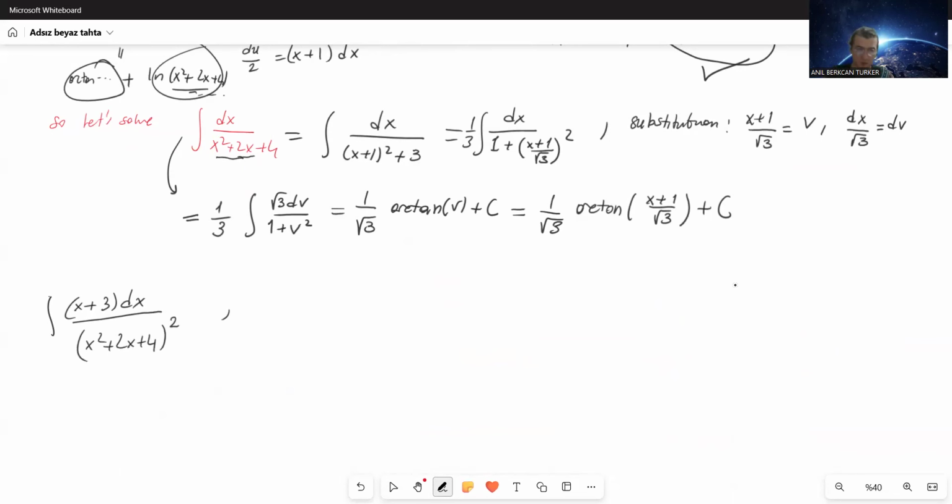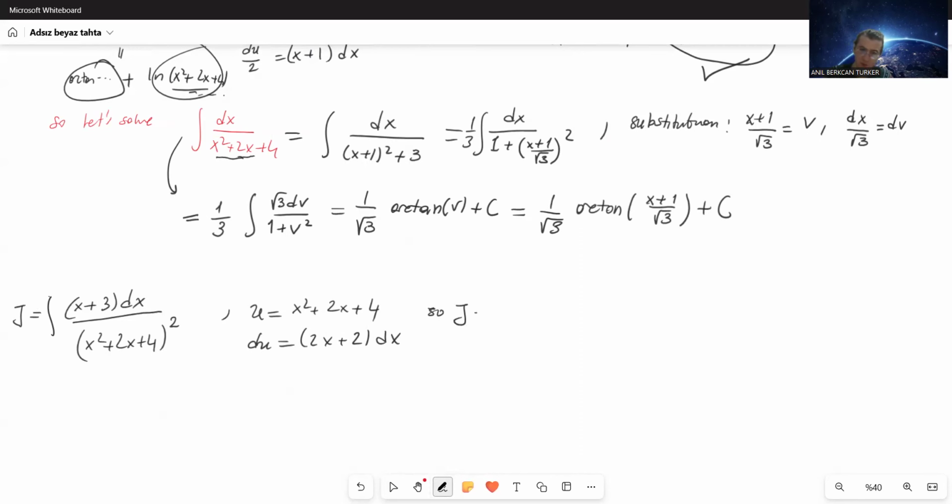So let me change the variables, right? So du is actually 2x plus 2 dx. Let me put everything back. So this integral, let me call it J now.